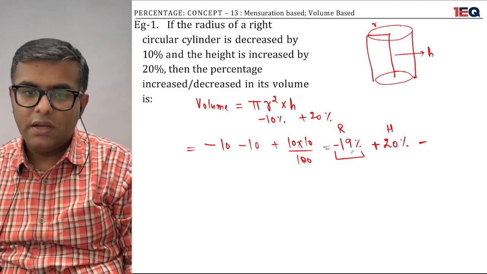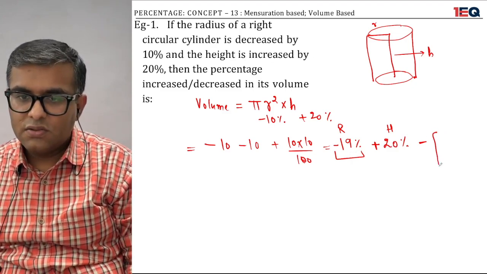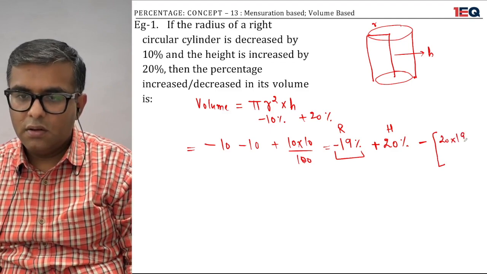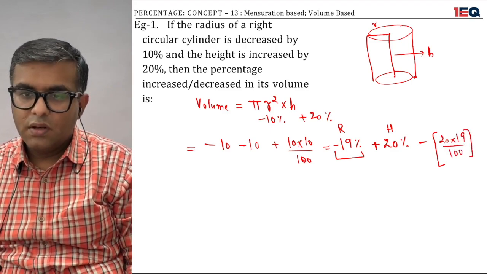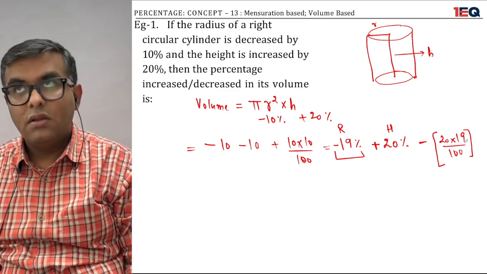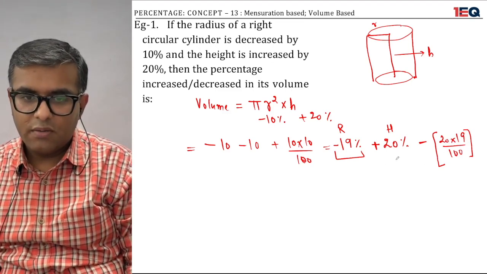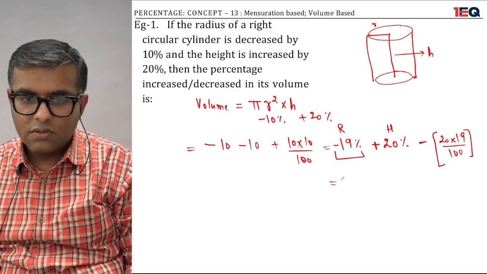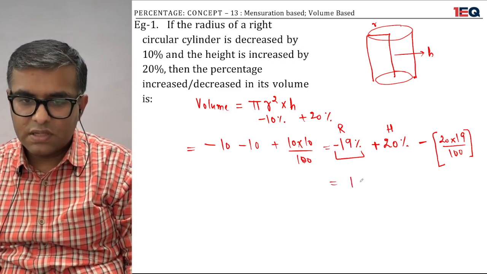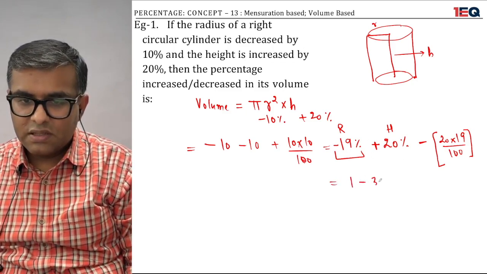So plus 20 and minus 19. These two are multiplied, 20 into 19 upon 100. 19 twos are 38, 380. 380 upon 100 is 3.8, minus 3.8. So minus 19 plus 20 is 1%. 1% minus 3.8.